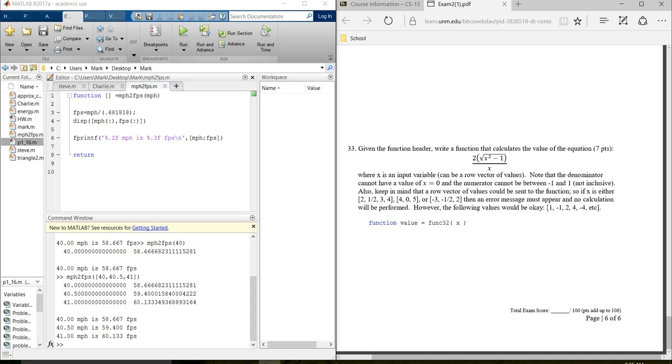Also keep in mind that a row vector of values could be sent to the function. So if x is either 2, 1/2, 3 and 4, 4, 0, 5, or -3, -1/2 and 2, then an error message must appear. No calculations will be performed. However, the following values would be okay: 1, -1, 2, 4, -4, etc.